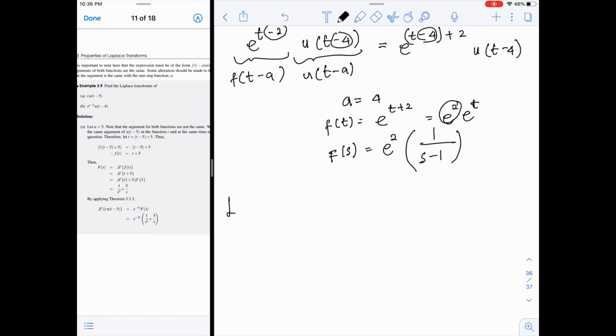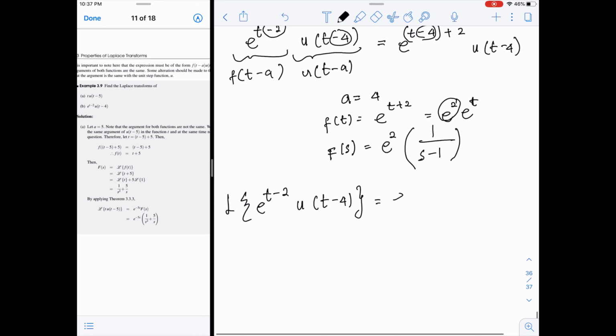When you want to Laplace the function of exponent t minus 2 times u of t minus 4, the answer is exponent negative 4s, and then you have here exponent 2, and then 1 over s minus 1.